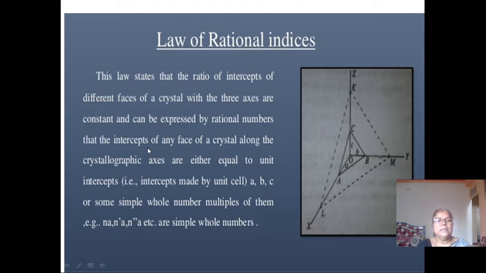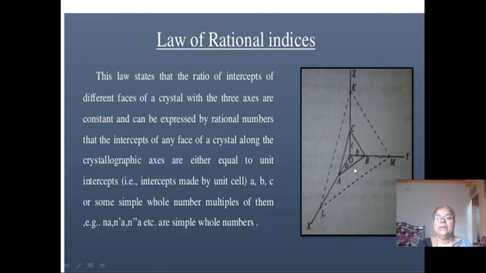That is, the intercepts of any face of a crystal along the crystallographic axes are either equal to the unit intercept, that is, the intercepts made by the unit cell. In this diagram, A, B, C is a unit cell and it makes intercepts along the x-axis, y-axis, as well as the z-axis.